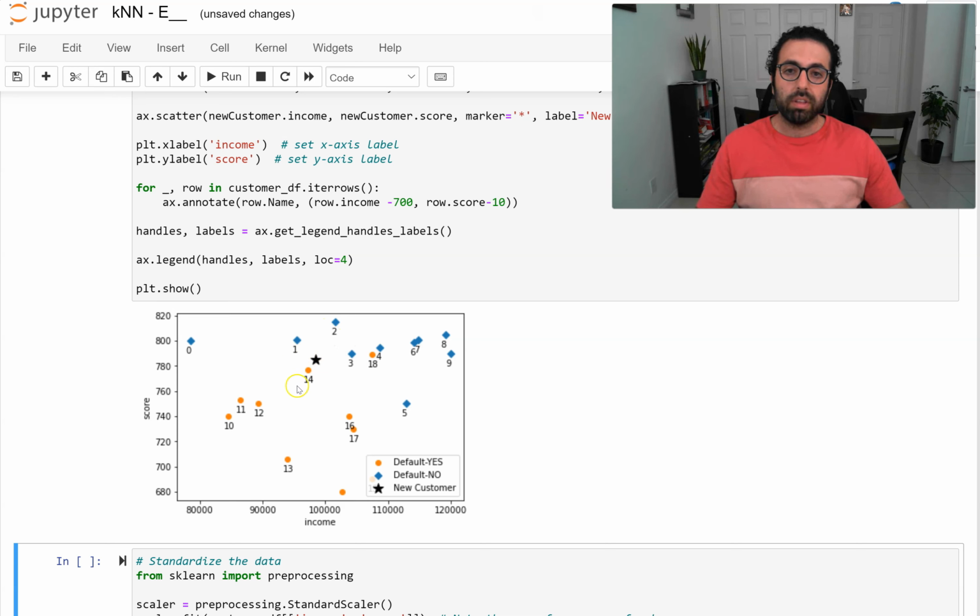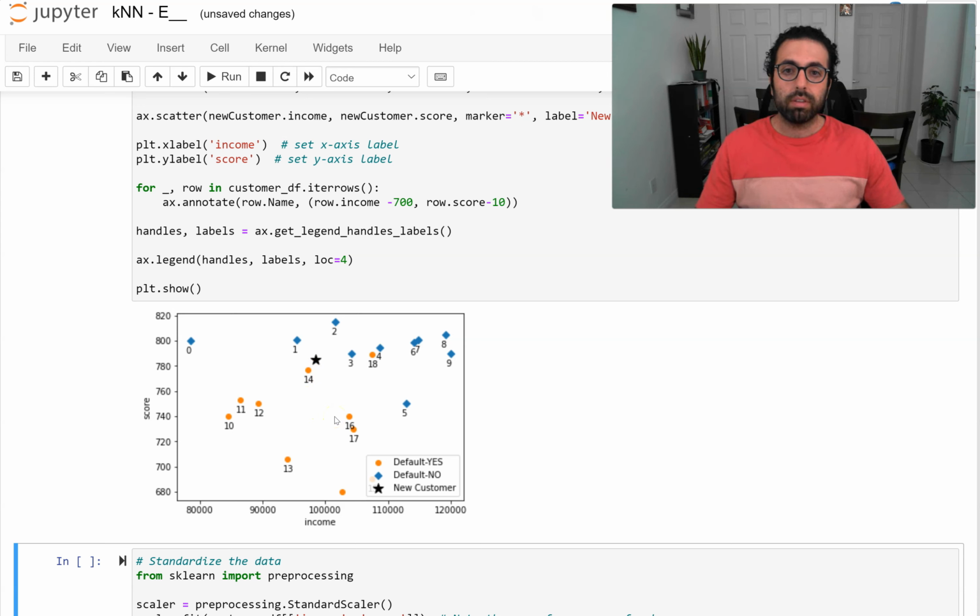And then based on these 3 neighbors, I will come to a conclusion, right? So since there are 2 neighbors that have no default, and there is 1 neighbor that has default, I probably can predict that it's a no default, right? So that's the whole KNN algorithm, k nearest neighbors.